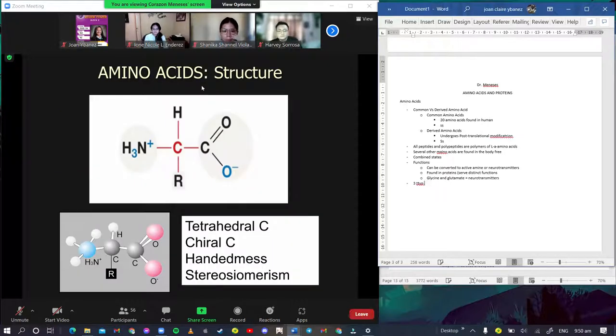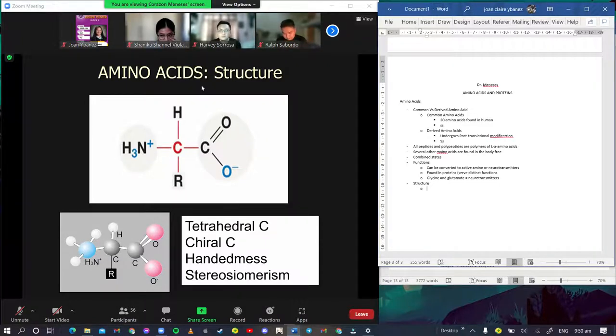Anybody who would like to talk about the structure of amino acid, what are we looking at? Anybody? I'd like to expound on it, Doc. Okay, very good. Go ahead. Doc, as you can see in the structure of the amino acid, you have your central carbon. Then in that central carbon, you have your amino group, which is your NH3.